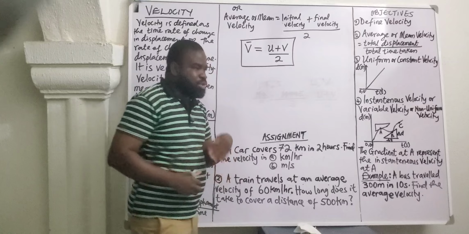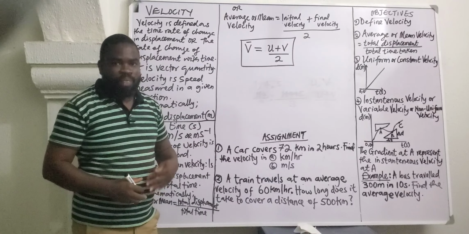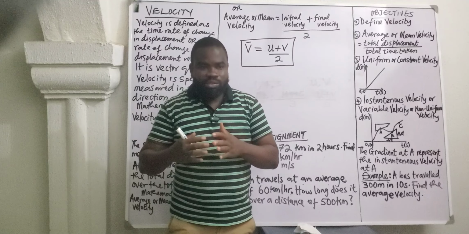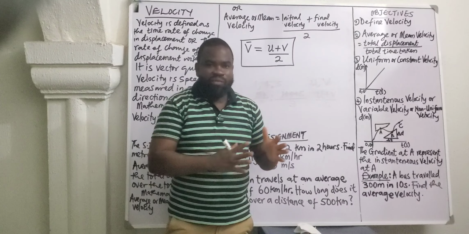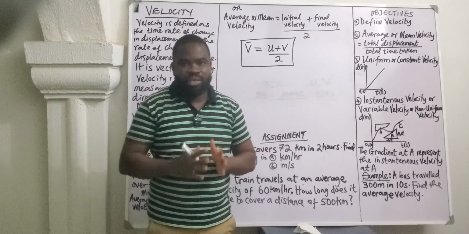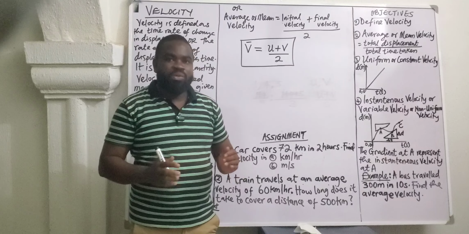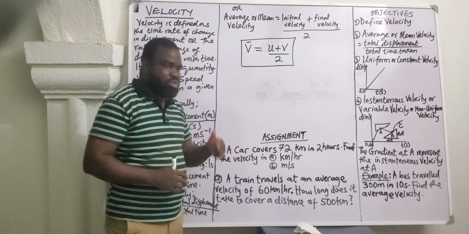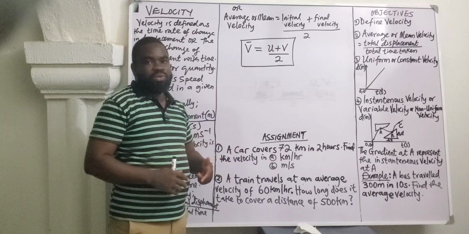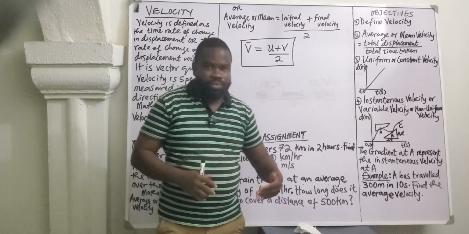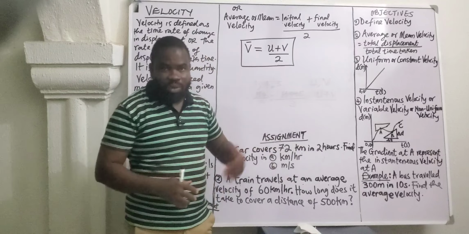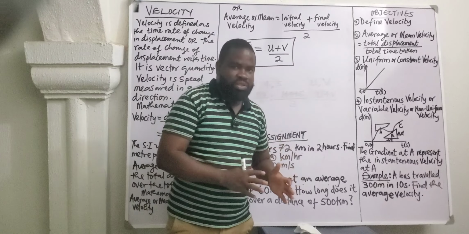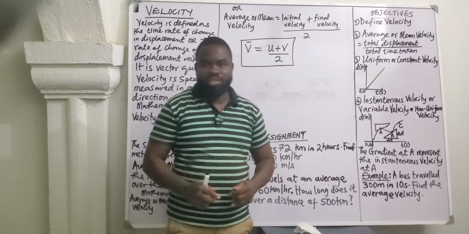Then, another information I would like you to note is, although we are learning here that speed and velocity are technically different, yet they share the same SI unit, which is meter per second. Going forward, in questions you are given, speed and velocity are used interchangeably.